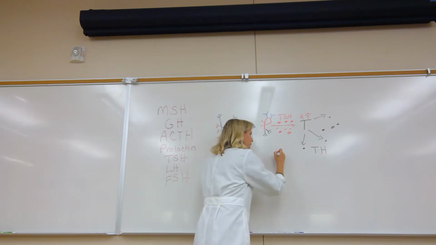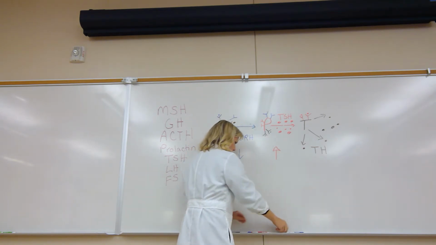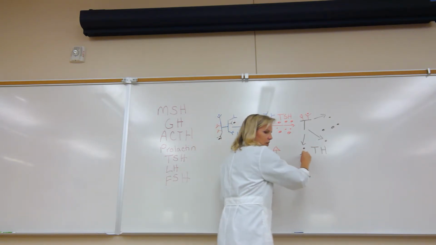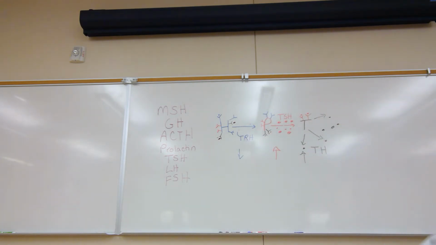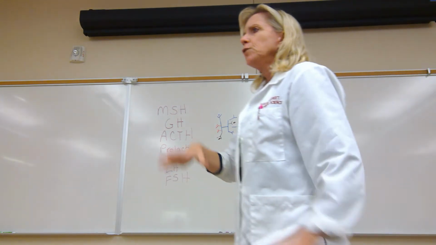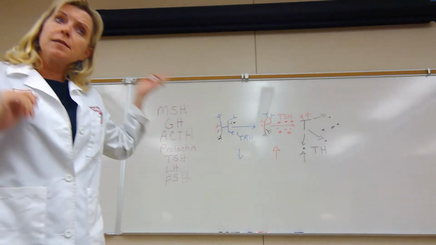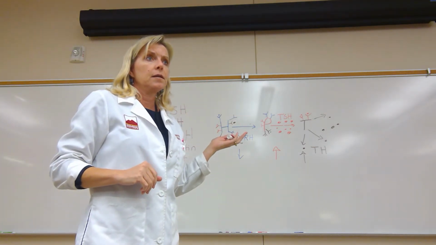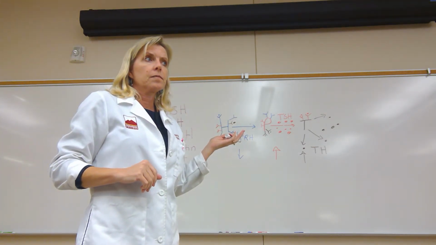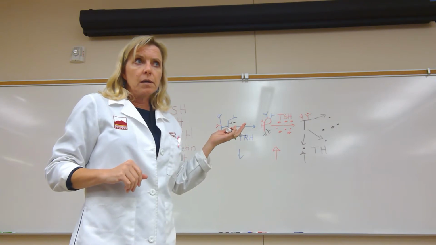But if they don't, they keep going up, and TH is still going up, this is called negative feedback inhibition failure. It's failing to put the brakes on. This is a diseased state. Good?